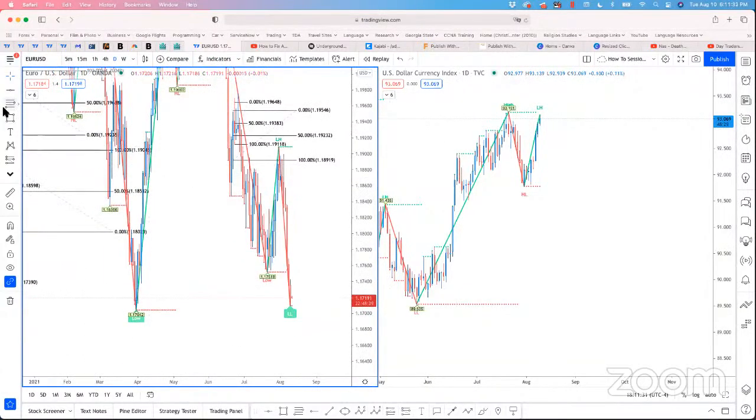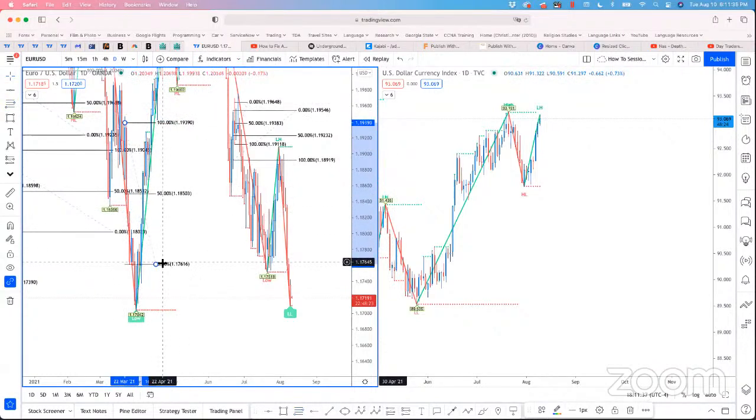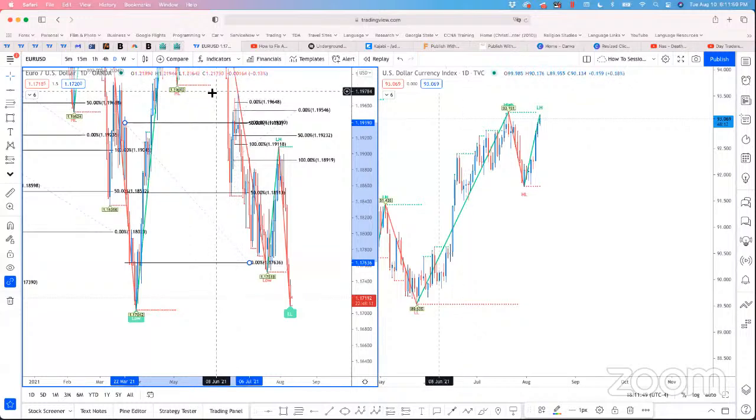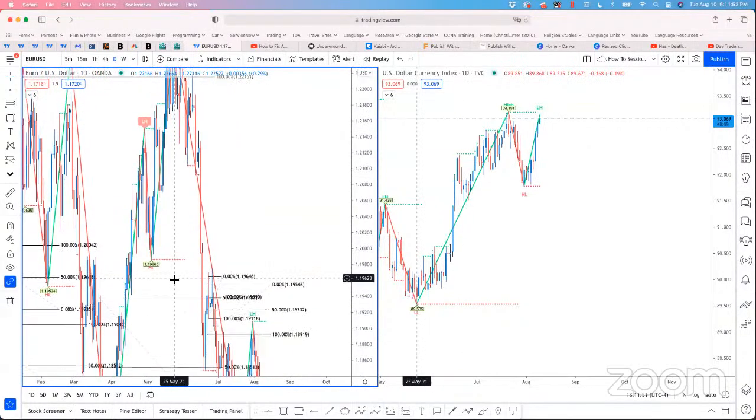Here is another one. Here is another one right here. This one came all the way to 50%, rejected and just fell out, right? But it rejected this level right here, that's cool.